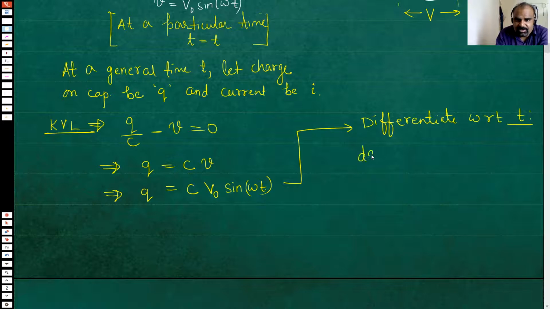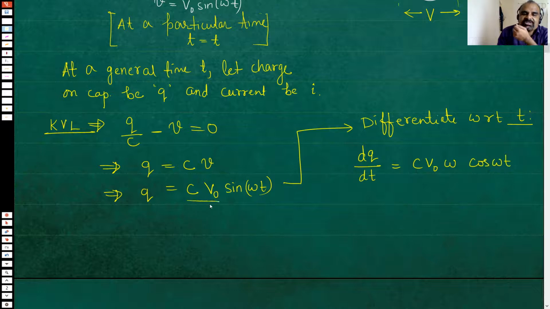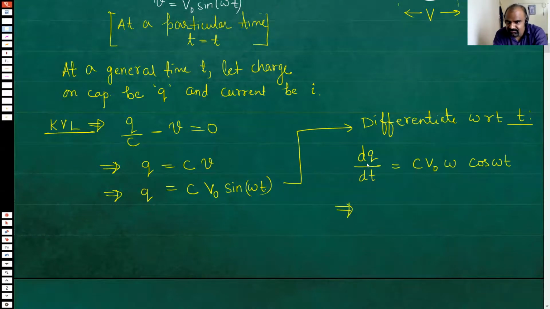So we'll get dq dt is equal to C V naught omega cos omega t. Is that correct? C V naught is a constant. Sine differentiation is cos, and this omega will get multiplied. Correct. Now this is nothing but the instantaneous current.